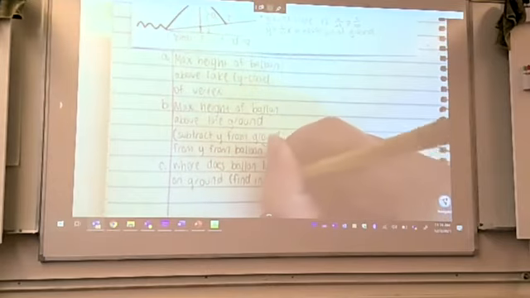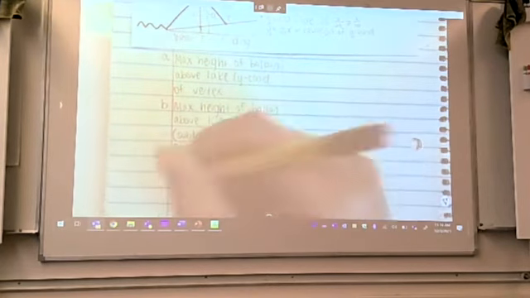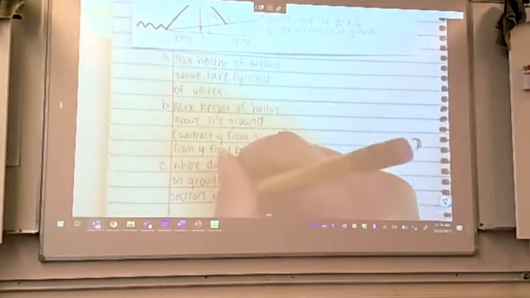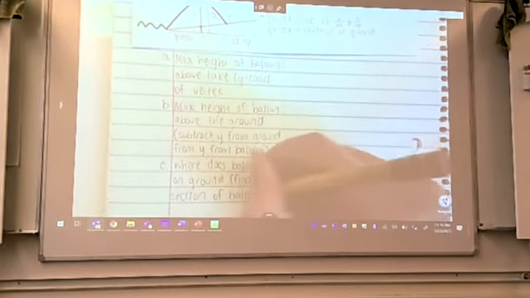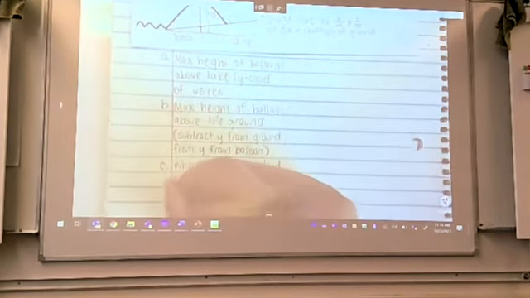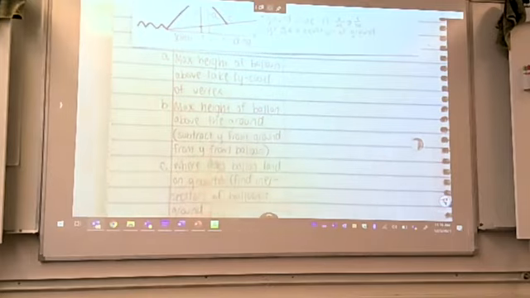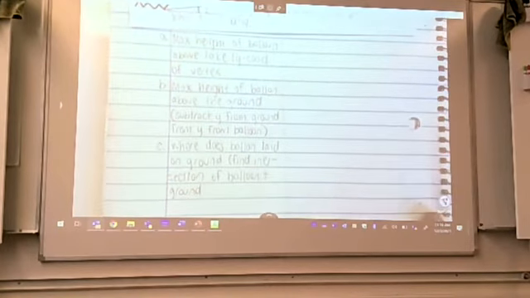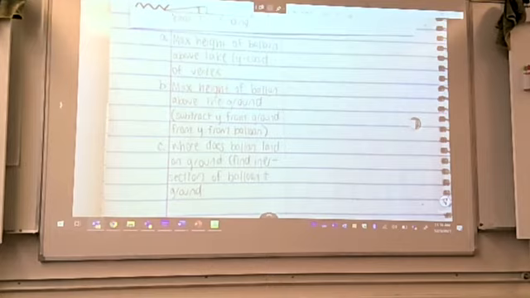Find intersection of balloon and ground. That's the basics, and then I like how Sam took it one step further. How do you find the intersection? By setting both equations equal to each other.